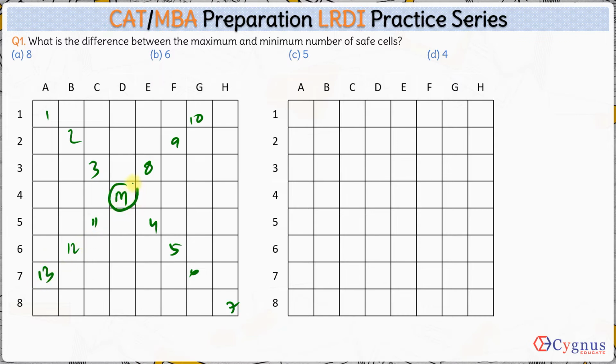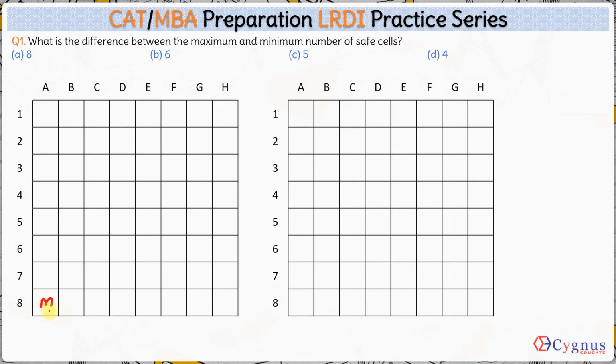But if you place the mine exactly at the corner, there will only be one diagonal, isn't it? The number of cells will be 1, 2, 3, 4, 5, 6 and 7. There won't be any other diagonal. So the number of cells in the diagonals will be minimized when the mine is placed in any of the four corners.